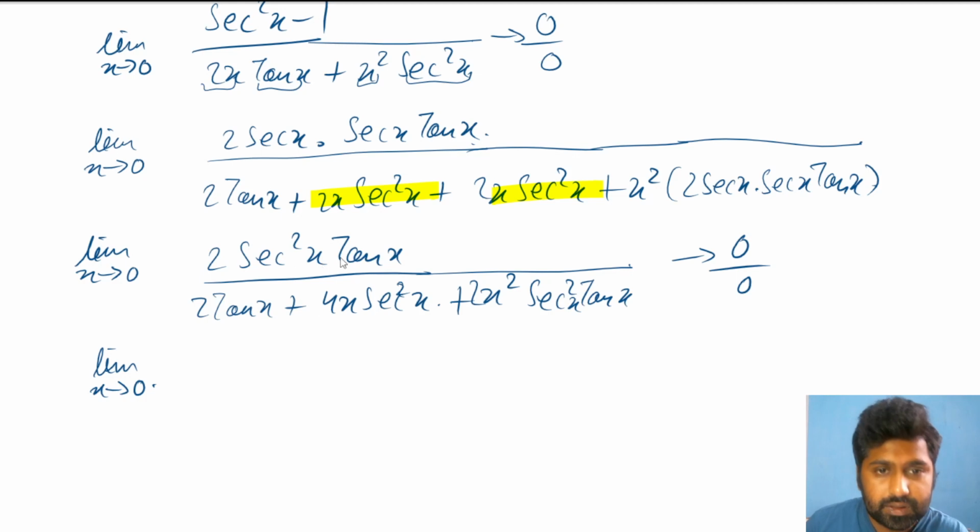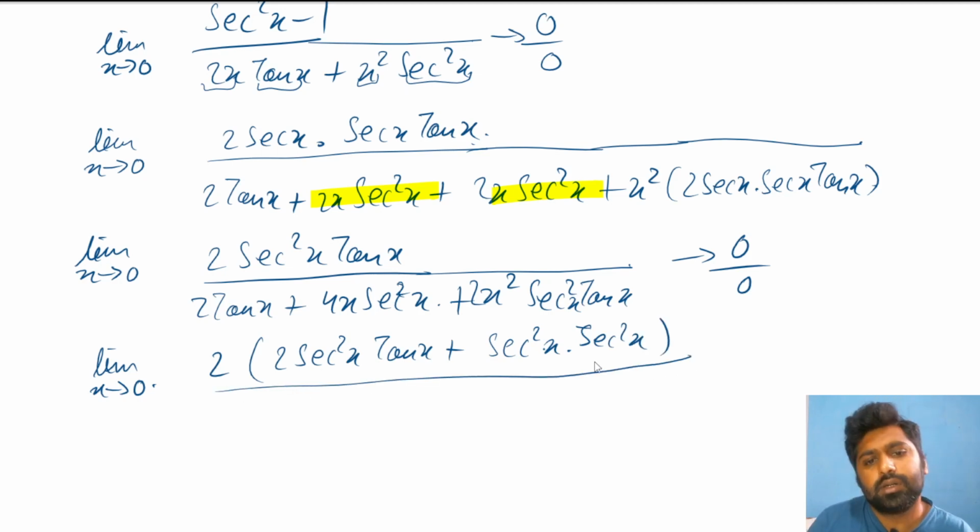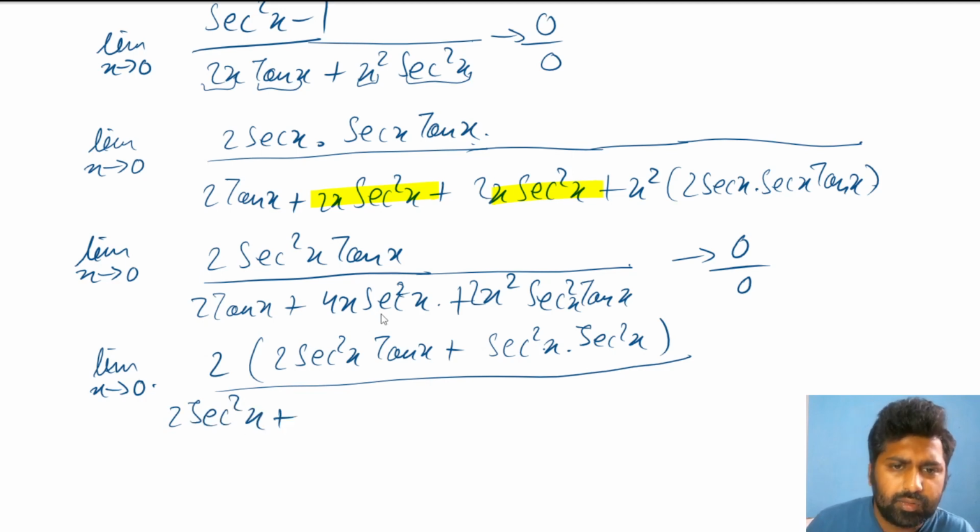Now again uv in the numerator. Let 2 sec square stay, and its differentiation we already know: 2 sec square x tan x, and then sec square as it is, times the differentiation of tan x, which is sec square x. The denominator will be lengthy. 2 tan x gives 2 sec square x. 4x sec square x, uv again, you have to use it here, here and here. uvw will have to be used.